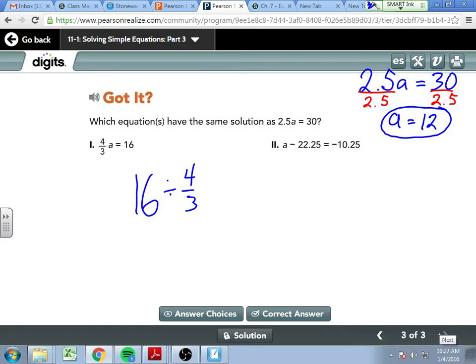So really here, what I want you guys to think about is when you have a fraction in front of a variable, what you do to get rid of that fraction, and you might want to write this down, is multiply by its, Karen, reciprocal.